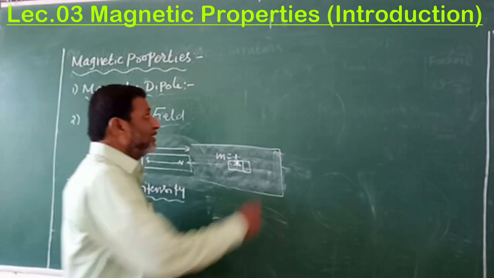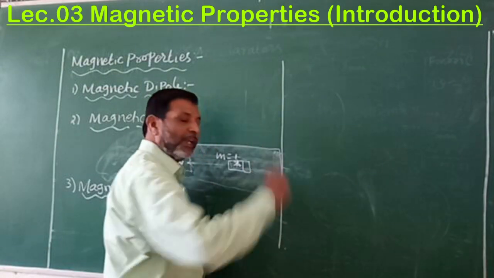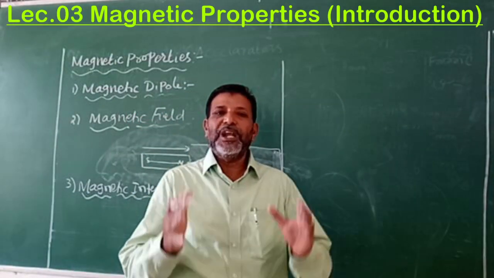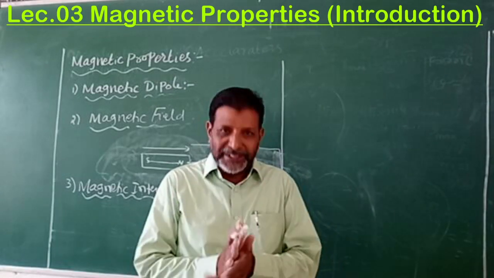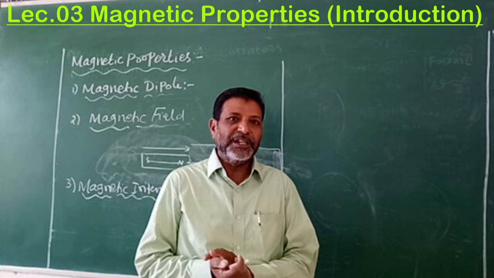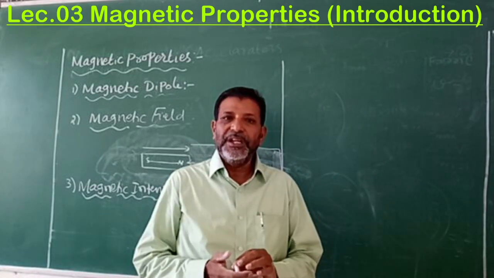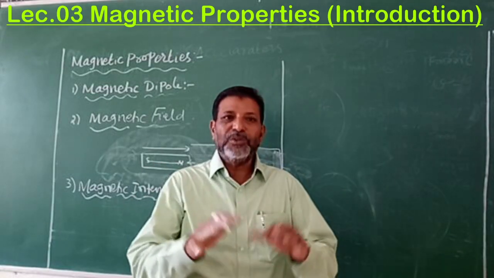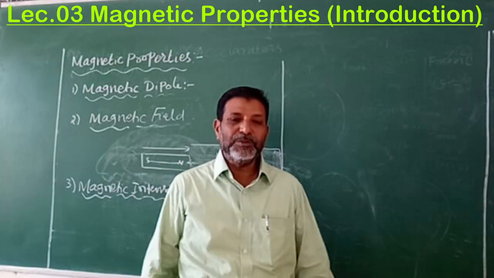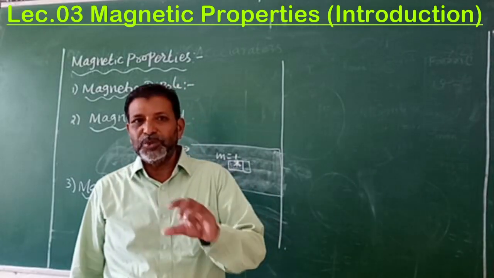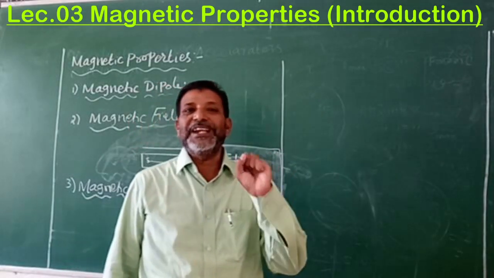Now the question is this. You also know that if you have two magnets, or two poles, north pole and south pole, as you have studied in lower classes, unlike poles attract and like poles repel. If there are unlike poles, north and south, then there exists a force of attraction.